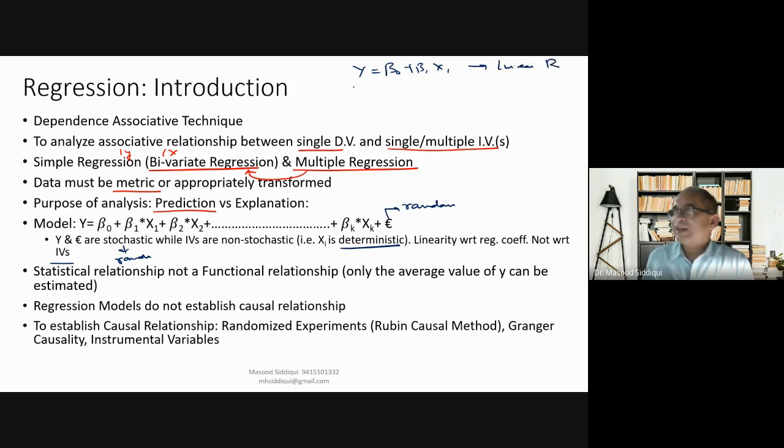And if we write y is equal to beta 0 plus beta 1 x1 plus beta 2 x1 square, this is equation 2, and equation 3 is y is equal to beta 0 plus beta 1 square into x1, right?